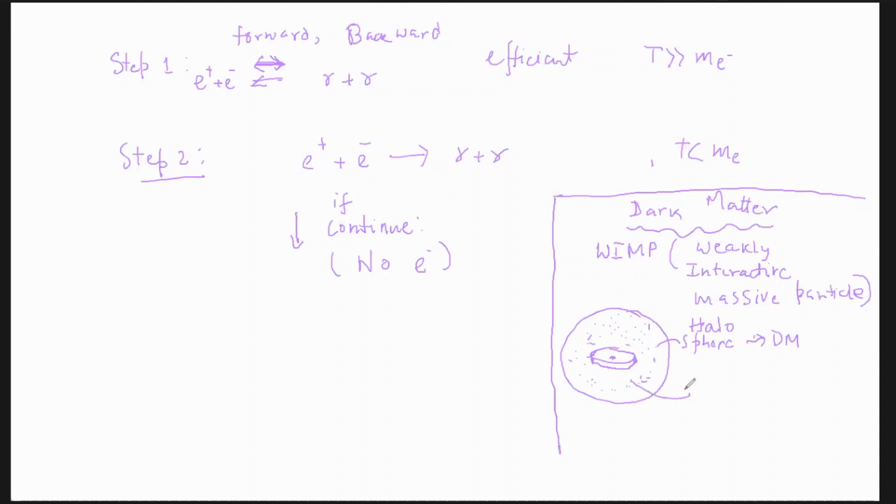Now the particles, we know that they have to be heavy. Heavy, in particle physics, is called cold. Cold means that the mass of dark matter chi is much, much higher than the temperature of the universe.